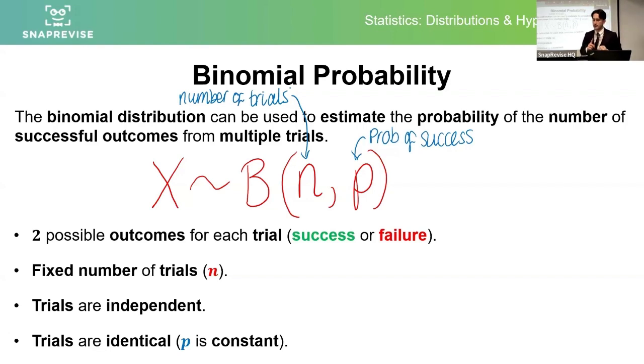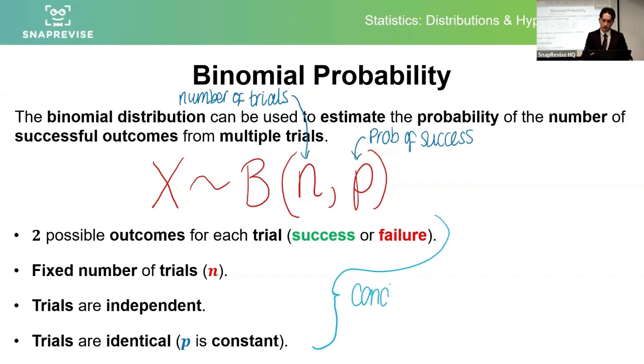The trials need to be independent, so every time it's a new go, same situation again, it doesn't remember what happened before. And the constant probability is the final crucial thing: the chance of being successful each time does not change.